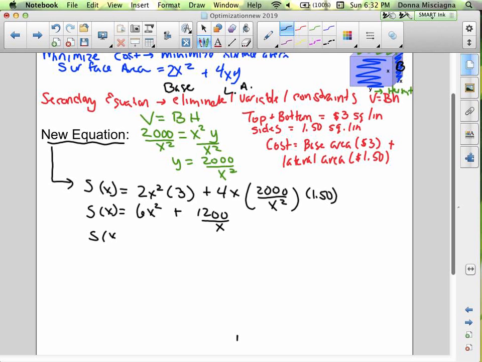S of x equals 6x squared plus 12,000 x to the negative 1. Now we can take the derivative and find the critical point.